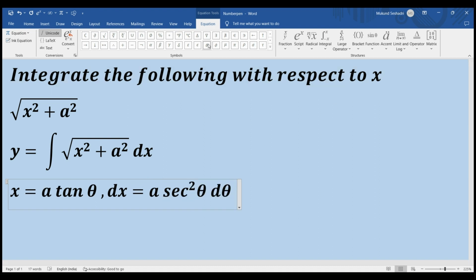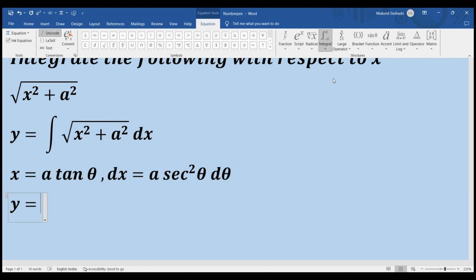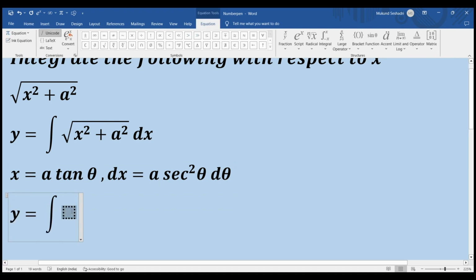And then what happens to my square root term is, let me go to the next line, and y becomes equal to integral of the square root term out here becomes square root of a square times 1 plus tan squared theta. So what you have inside the square root becomes a square secant square theta, and square root of a square secant square theta is nothing but a times secant theta, right?